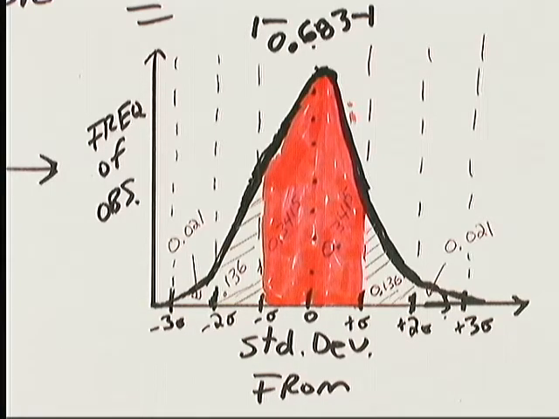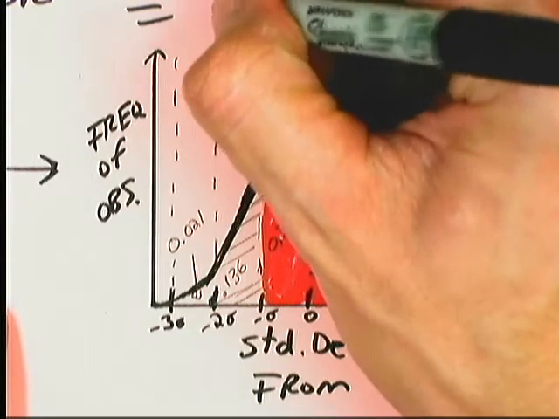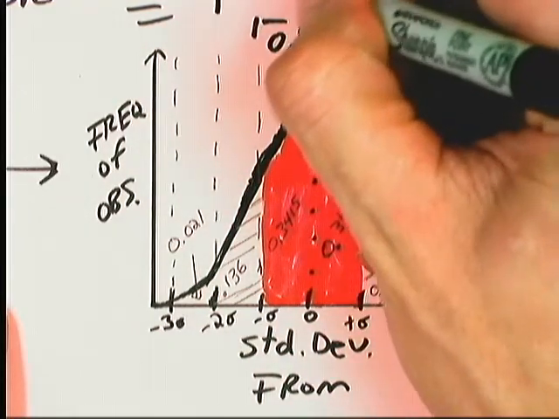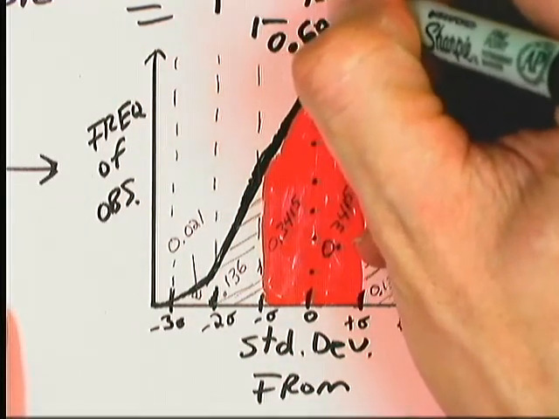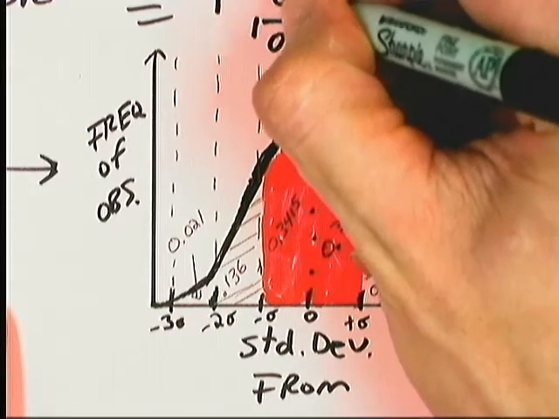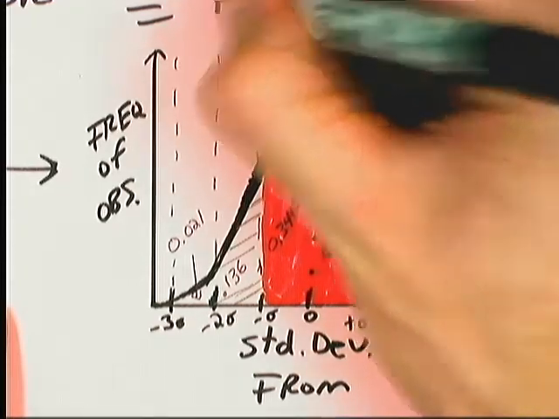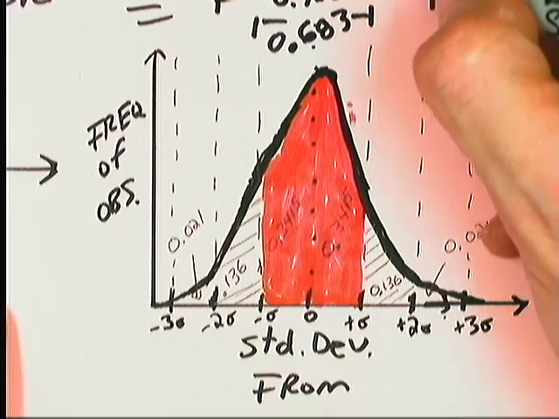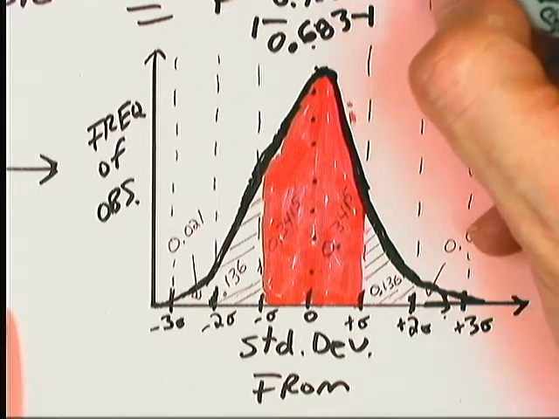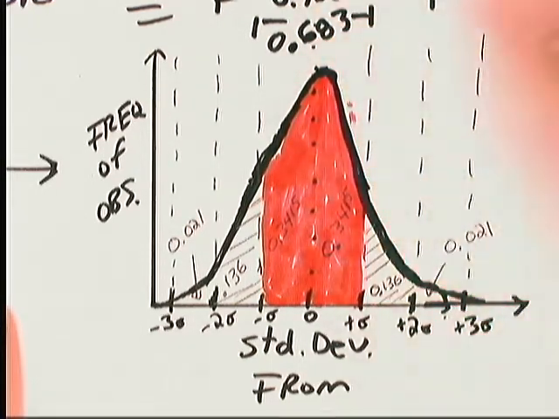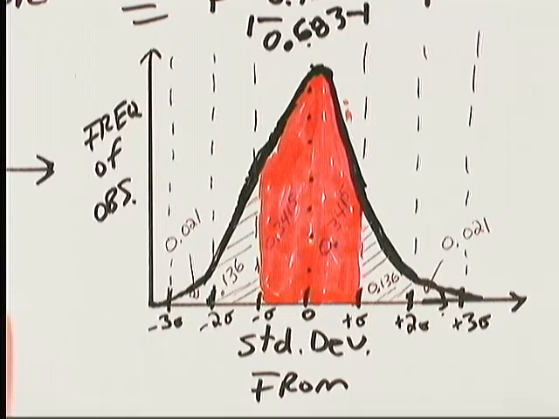But the beauty of that is if I start adding it all together, if I go to 2 sigma plus or minus, about 95.5%. So 2 sigma encompasses 95.5% of all points.